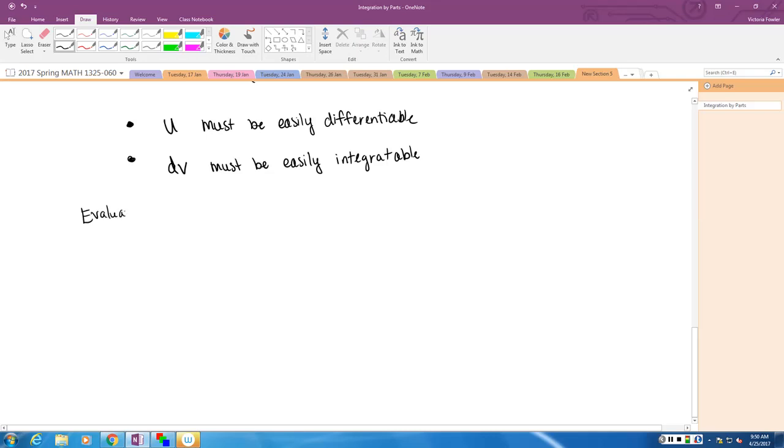Okay, this time you see the word evaluate because we're going to work with a definite integral. So our definite integral is going to be from 0 to 3. Our integrand is 3 minus x all over 3 e to the x and then dx.